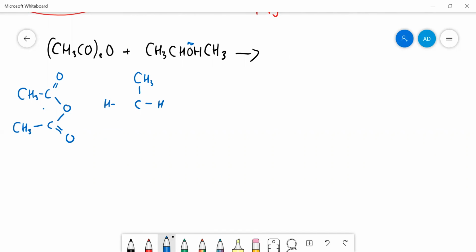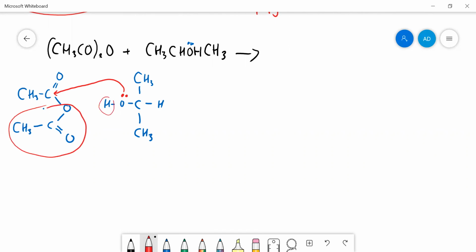Here's the alcohol which is going to react with that. And that lone pair is going to attack this delta positive carbon here, and we're going to lose that bit, aren't we? And we're going to lose the H, and those two are going to form the carboxylic acid. So let's draw what that looks like.